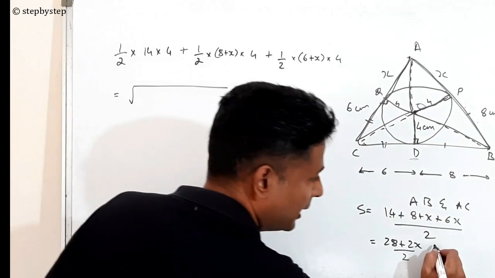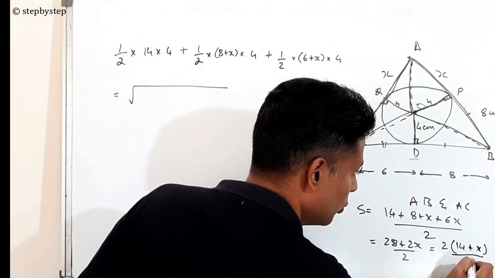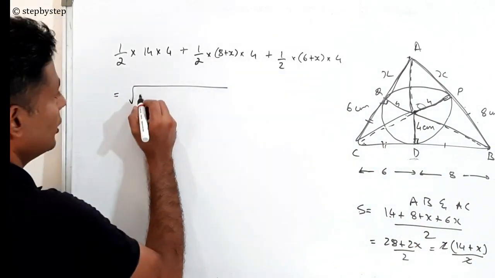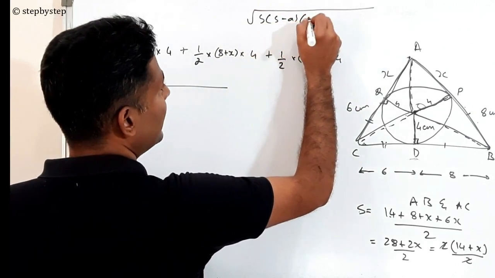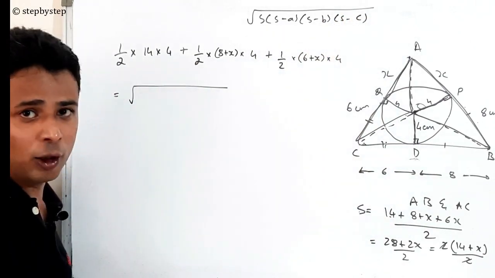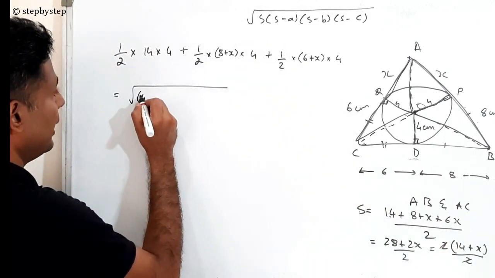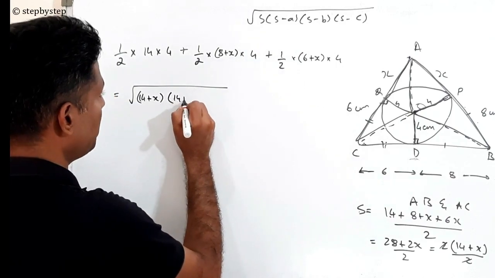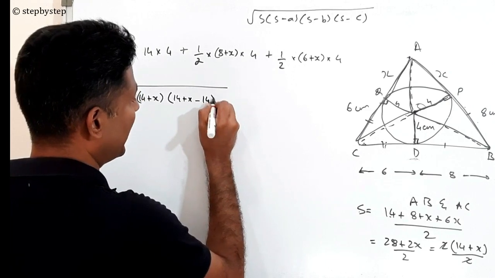Now I can take 2 common here, so I get 2 into (14 plus x) by 2. The 2 and 2 cancel, which means S is 14 plus x. If you remember Heron's formula, it is root of S into (S minus A) into (S minus B) into (S minus C). So S is 14 plus x, S minus A is 14 plus x minus one side, that is 14 plus x minus 14.